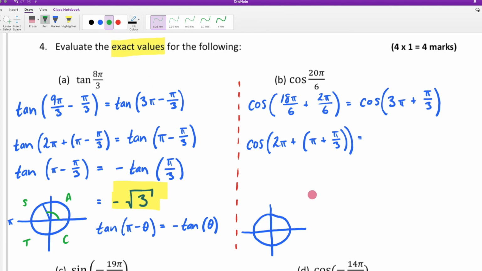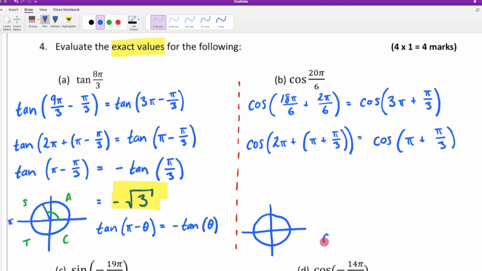I know that if I have 2 pi, it's simply going to take me right around to where I'm starting. So that means we can more or less just ignore it and rewrite this as cos of pi plus pi over 3. Now again, this is where we need to use our symmetry properties.